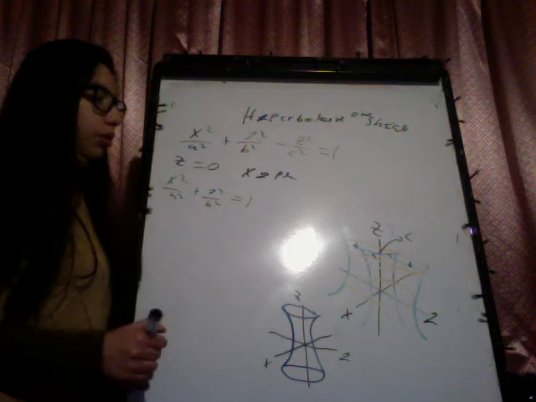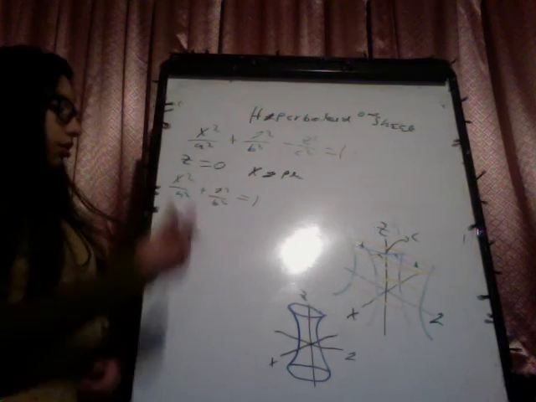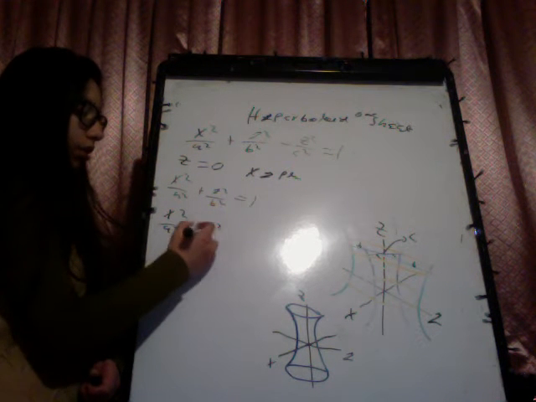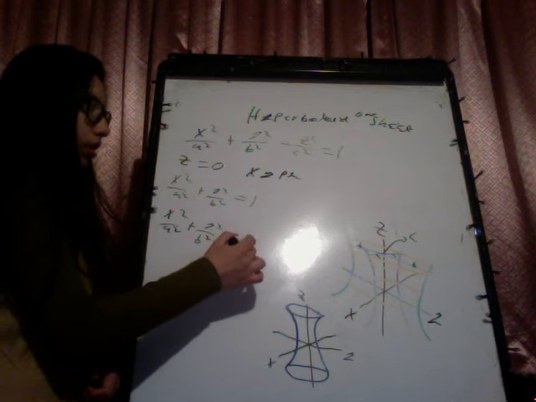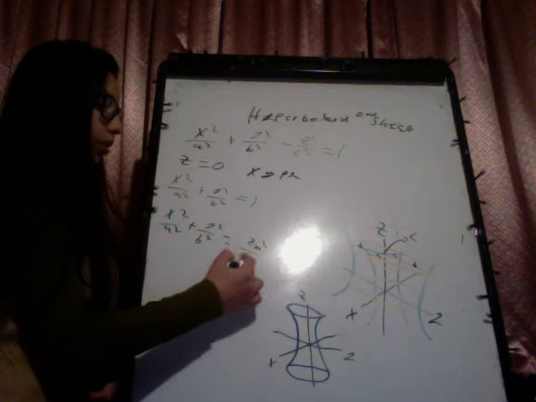If you don't want to do it in the xy plane but in another horizontal plane, you have x squared divided by a squared plus y squared divided by b squared equals c naught squared divided by c squared.